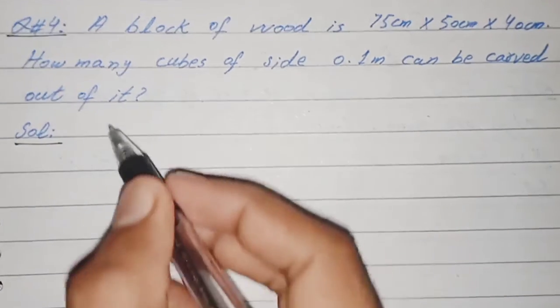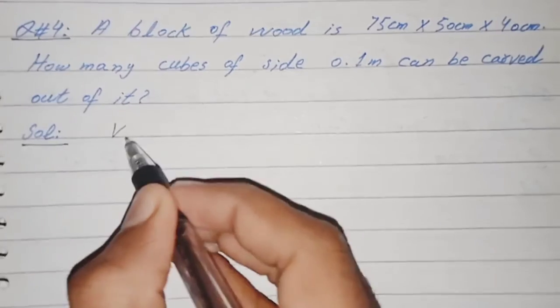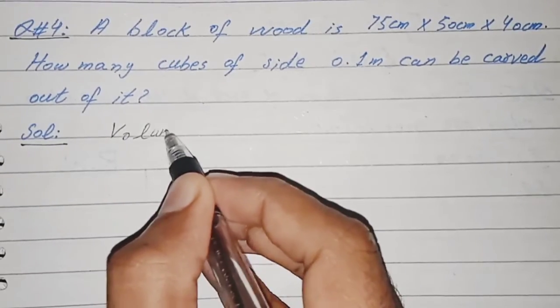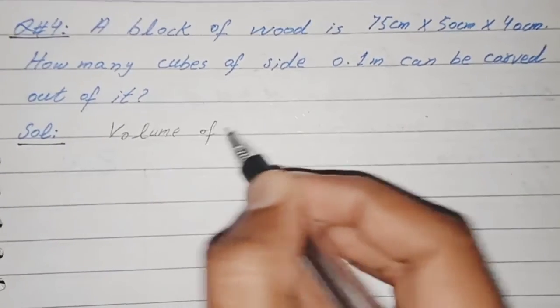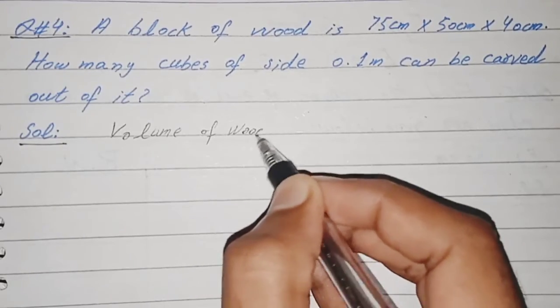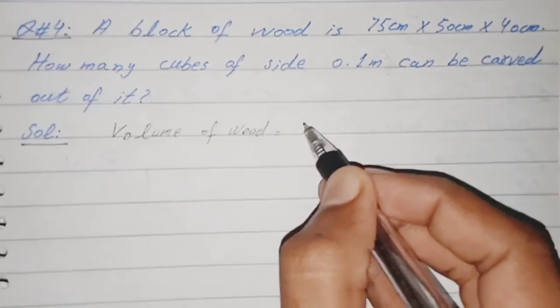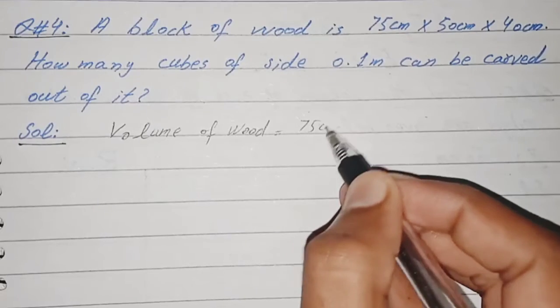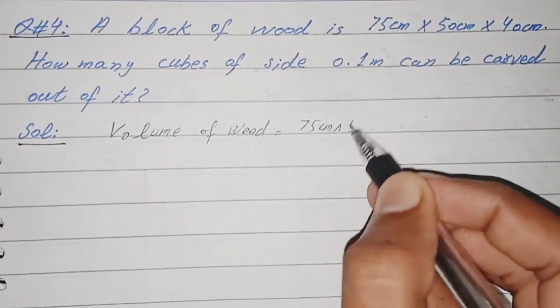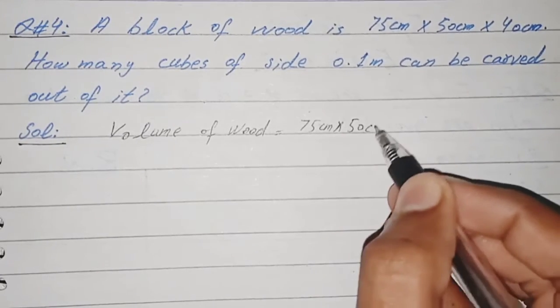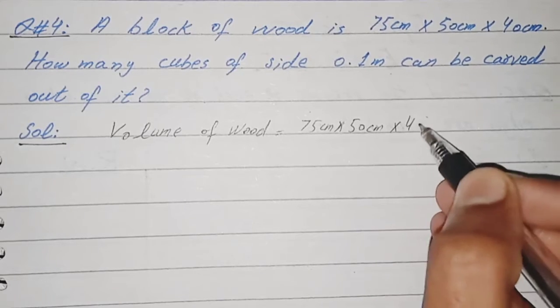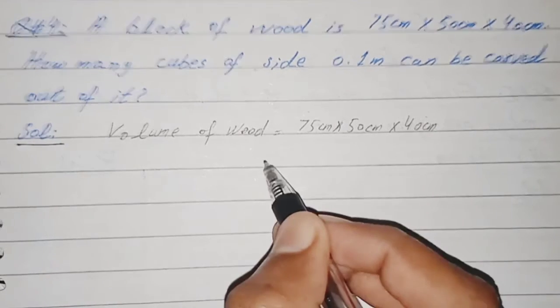First of all, we will find the volume of wood, which is equal to 75 centimeter multiply 50 centimeter multiply 40 centimeter.